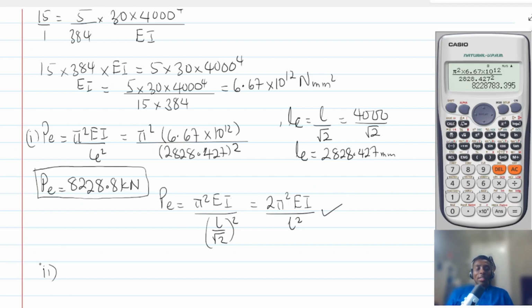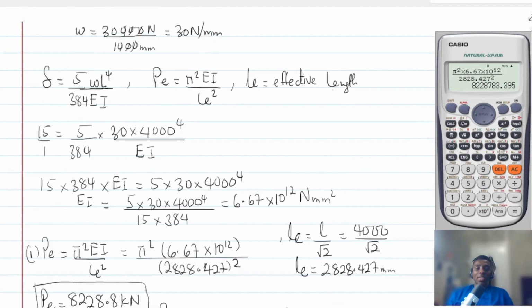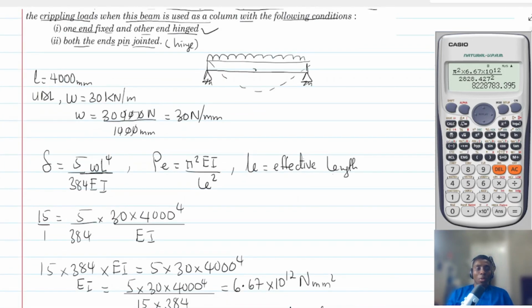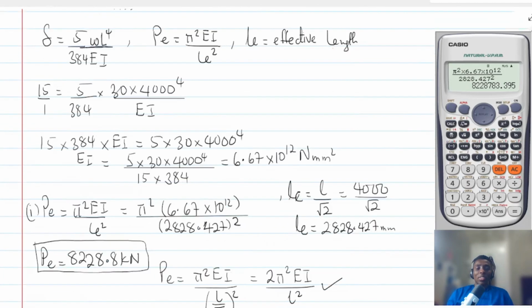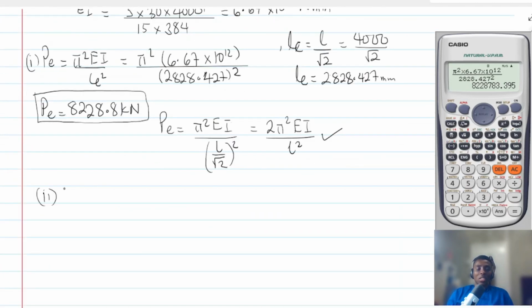Now let's look at the other problem where it says both ends pin jointed. A pin joint is again like a hinge. So that one is straightforward: pi squared EI over LE squared. But if it is pin jointed, then LE is the same as the length. So there are no two ways about it.